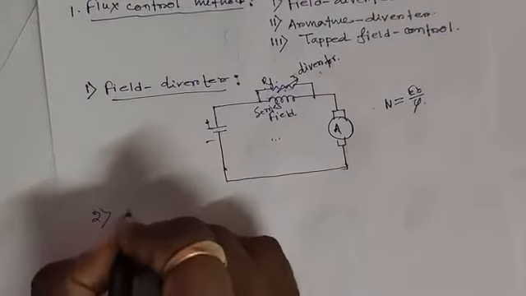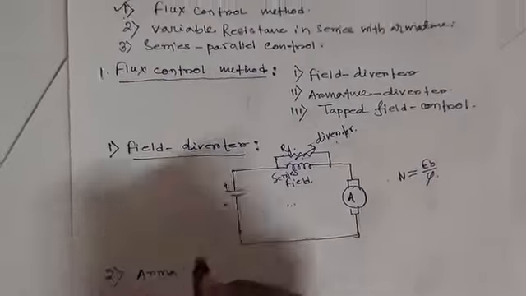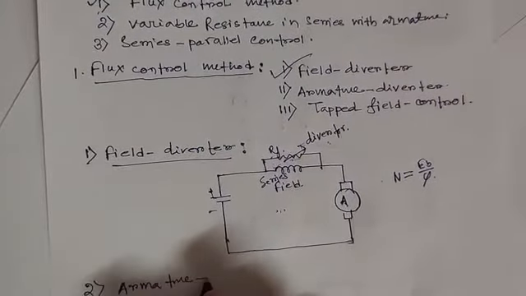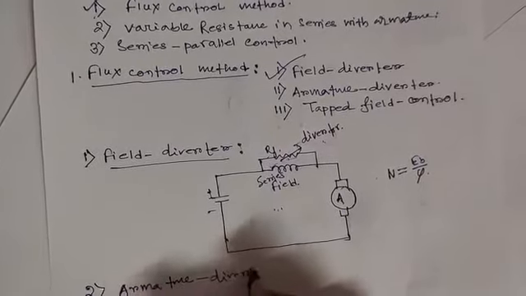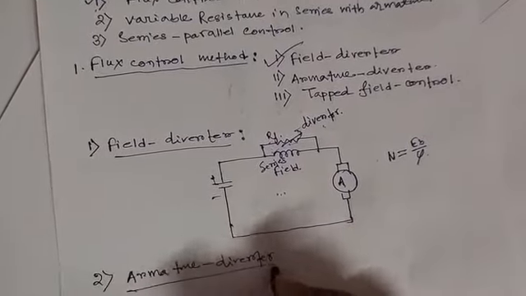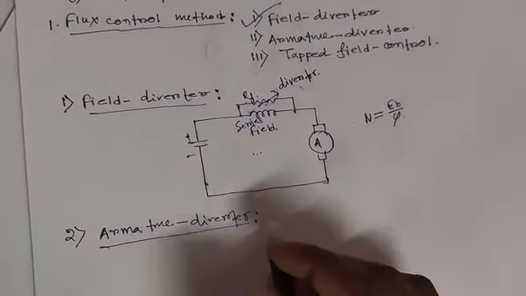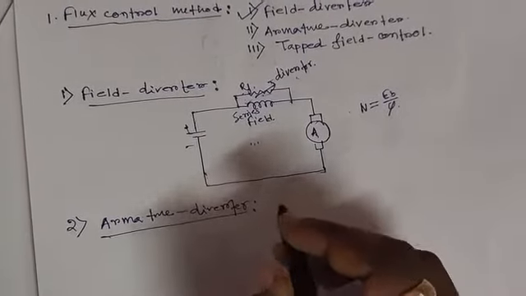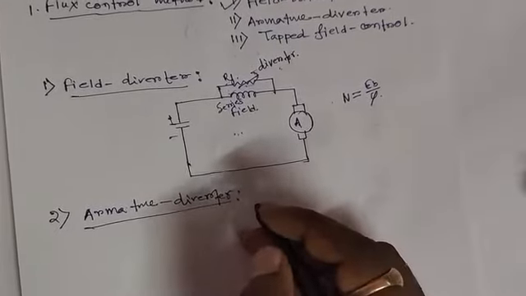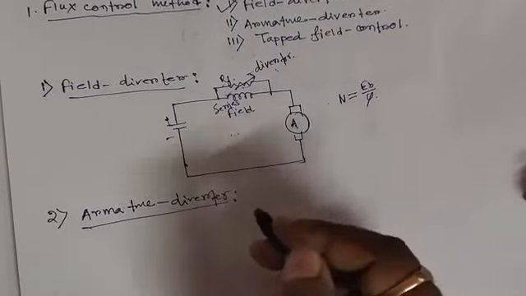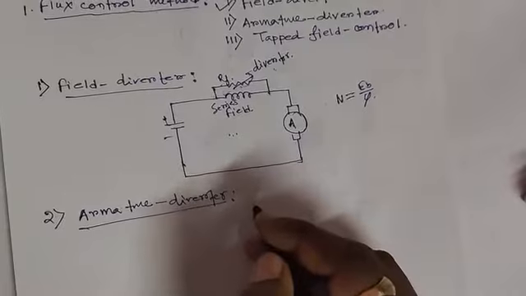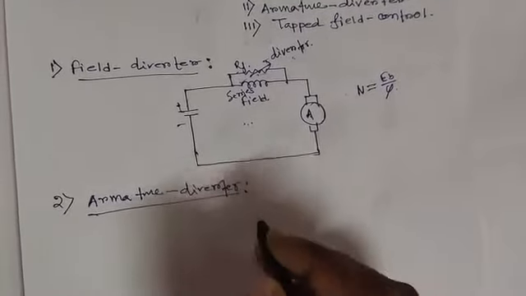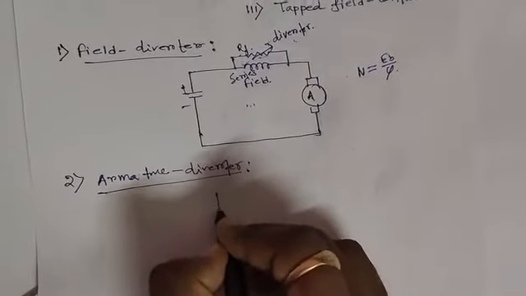Then we will discuss the armature diverter. What is an armature diverter? This diverter, a variable resistor, is connected across the armature. I will draw this circuit.